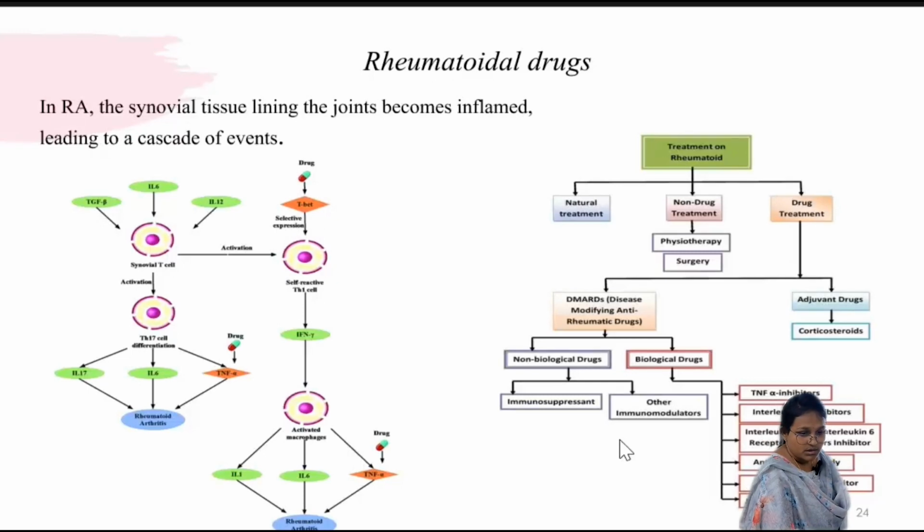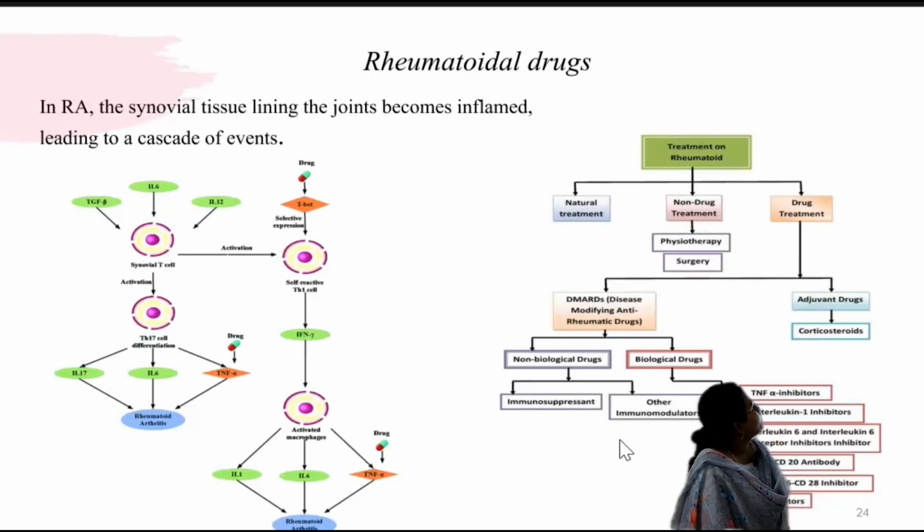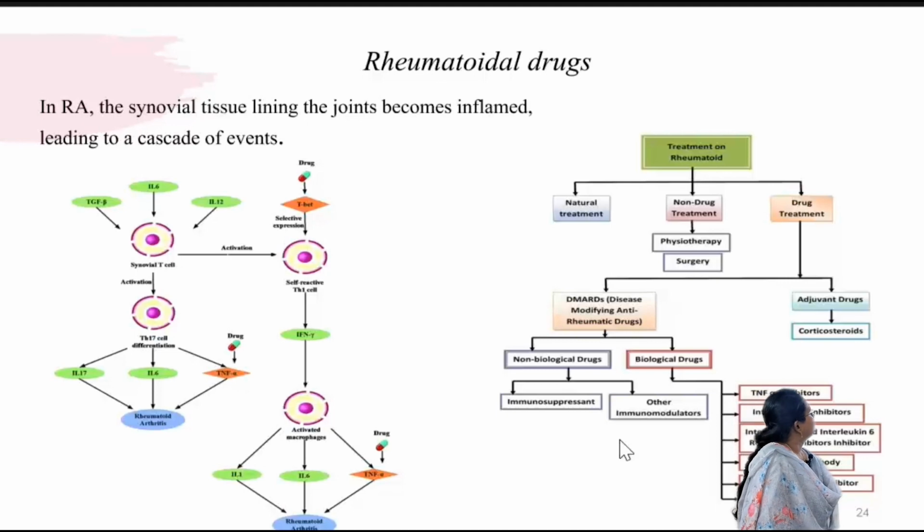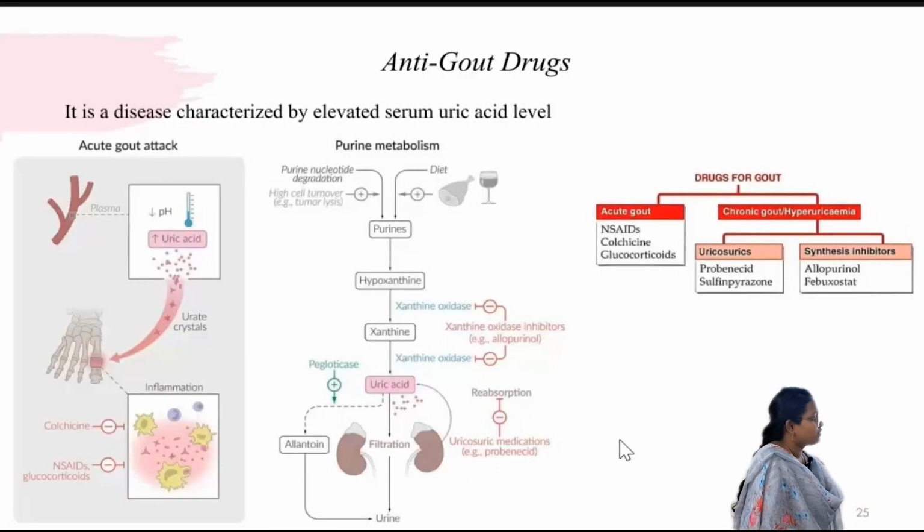Coming to anti-gout, gout is generally because of elevated levels of uric acid in the joints, mostly seen in the toes of your legs. Here, the mechanism of gout is purine metabolites form into hypoxanthine, and hypoxanthine is converted into xanthine, further into uric acid.